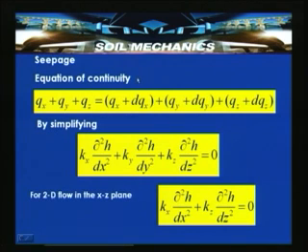From this we can write the equation of continuity by equating the flows entering and leaving the element. The sum of the flows entering the element in the x, y, z directions is qx plus qy plus qz. Similarly, the sum of the flows leaving the element is qx plus dqx plus qy plus dqy plus qz plus dqz.